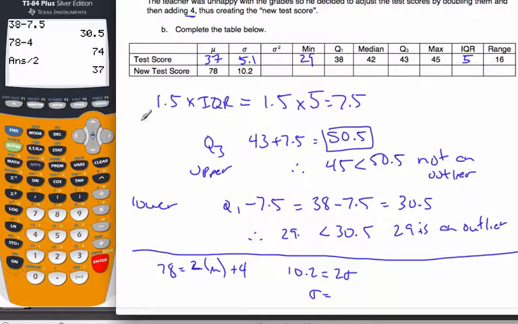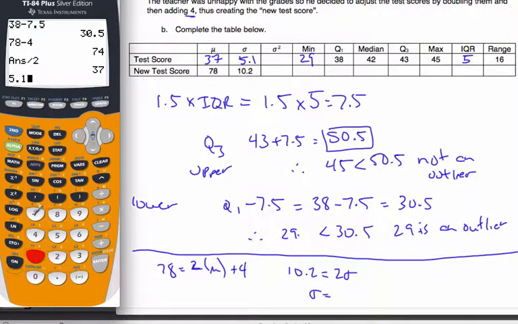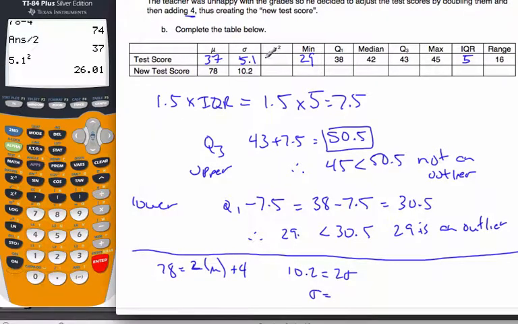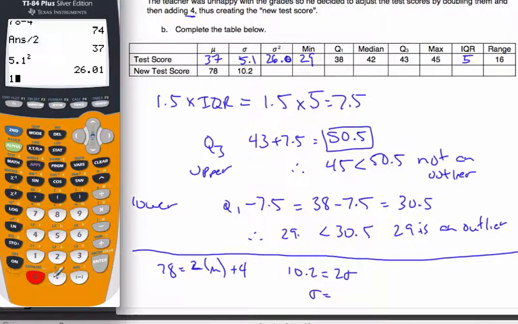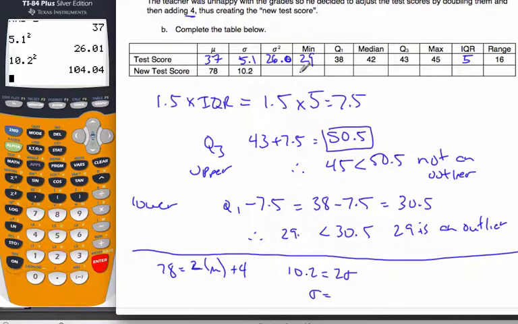To get my variance, I just take 5.1 and I square it, which gives me, to 3 significant figures, 26.0. To get my variance for the new test score, I go 10.2 squared, and that gives me 104 to 3 significant figures.